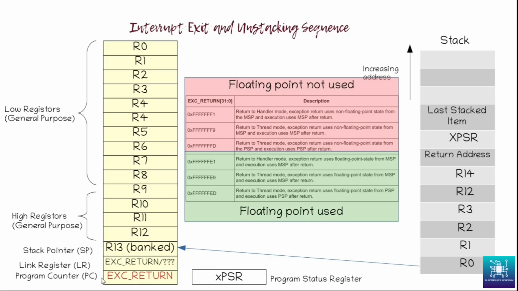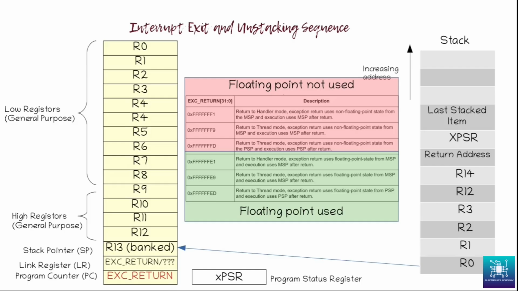So now the program counter gets loaded with EXC return either directly from the link register or from somewhere else, which we'll see now. Once the EXC return value comes into the program counter, that is when the Cortex-M4 processor knows that this is an interrupt return. So it's a beautiful mechanism actually, where the Cortex-M4 processor treats the ISR like an ordinary function.